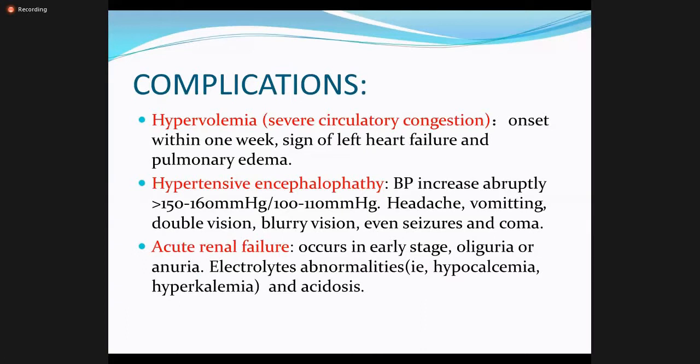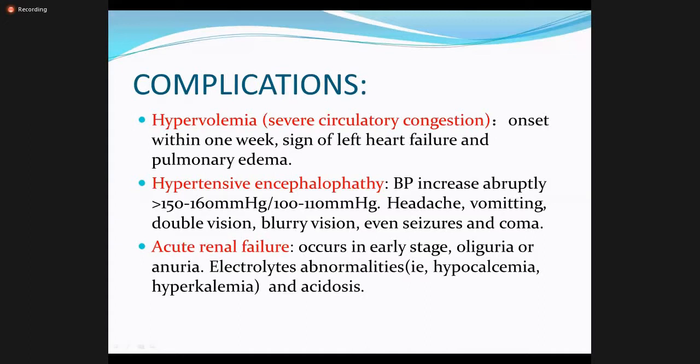CBC shows anemia, decreased Hb, which may be dilutional due to retention of water, or due to severe hematuria. CBC also shows an increased TLC; most cases present with increased total leukocyte count.